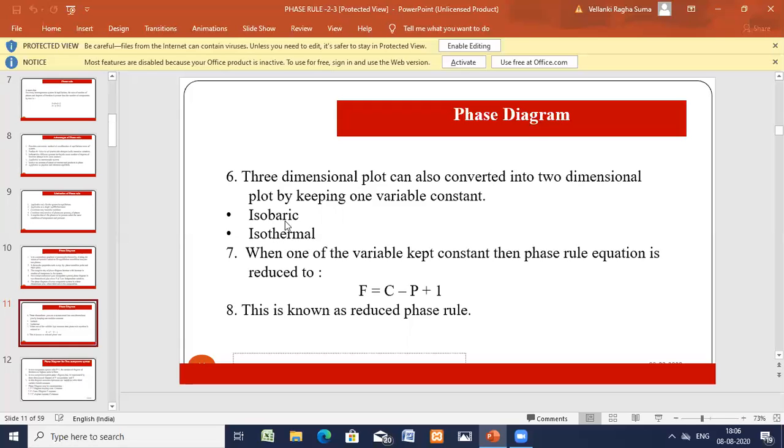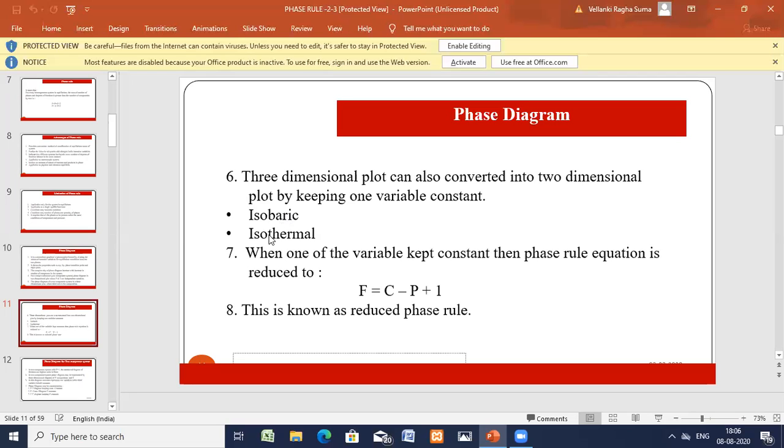For an isobaric system, pressure is kept constant, and temperature and composition are varied, and thereby the equilibrium system is studied.